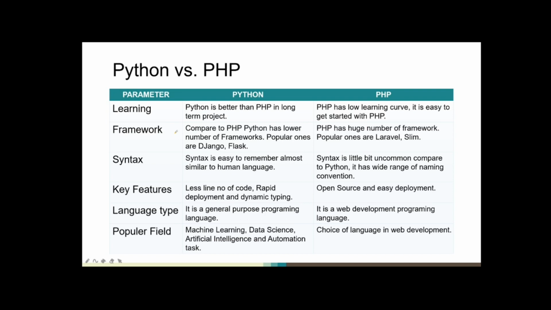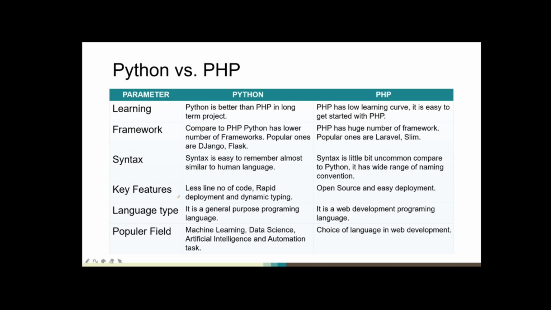And for the syntax, in Python, as I have said, it is easy to remember, almost similar to human language. While in PHP, the syntax is a little bit uncommon compared to Python because it has a wide range of naming conventions.